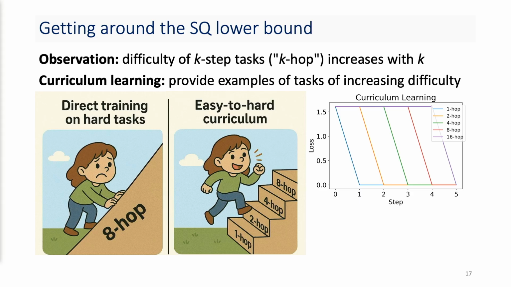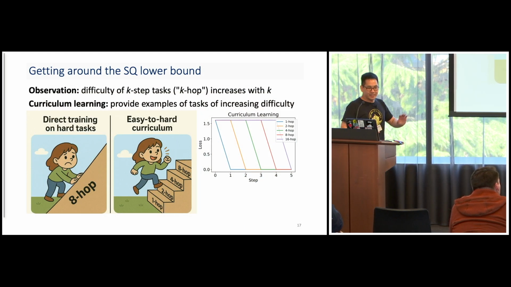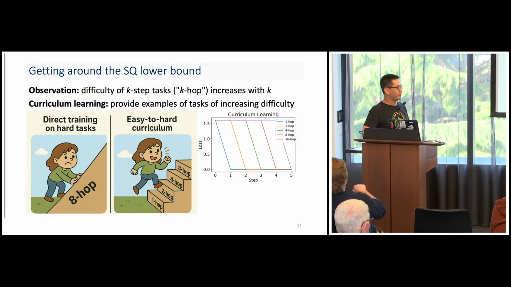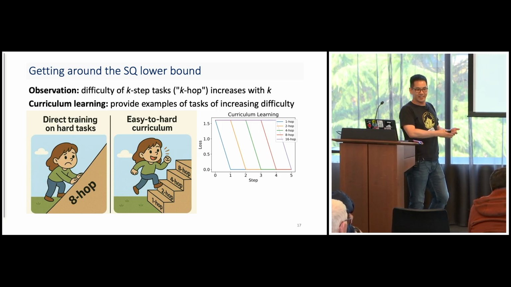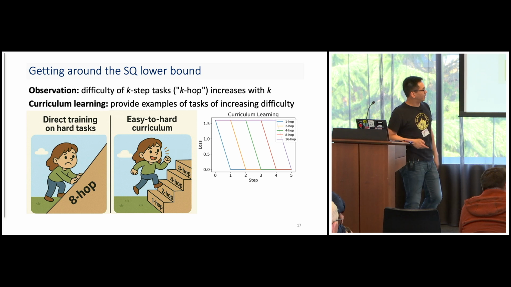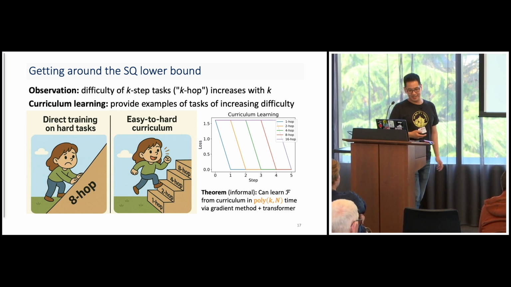And so we very quickly learn to solve all of the 1-hop problems, and then we very quickly learn to solve all the 2-hop problems, and so on. So empirically, even with gradient descent or a gradient-descent-like algorithm, it's easier to learn to solve the easier tasks, and then you progressively solve the harder and harder ones. And that's roughly what we can prove formally.